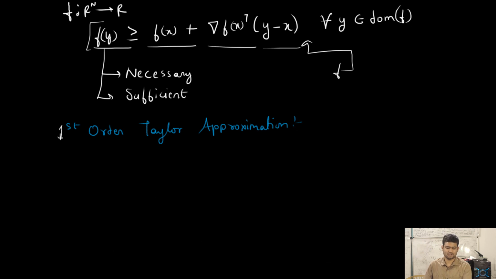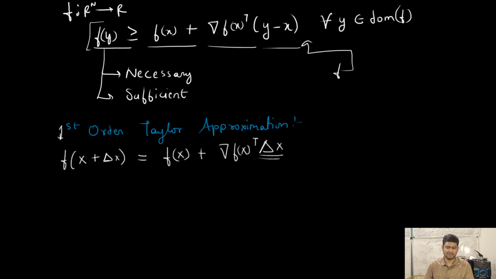The first order Taylor approximation of any function f at point x plus delta x is equal to f of x plus the gradient of f at x transpose times delta x, where delta x is a small change in x.